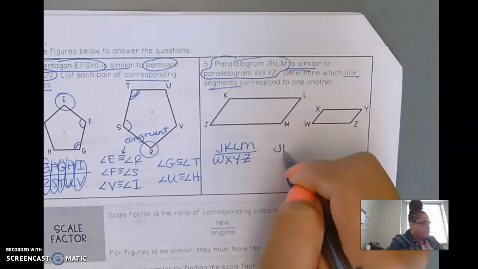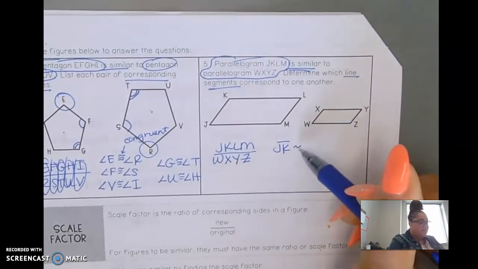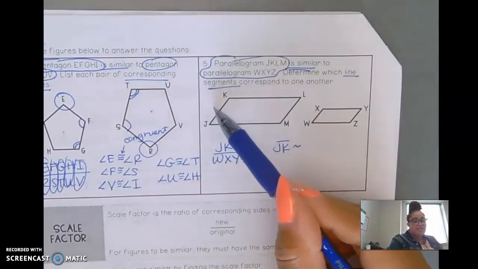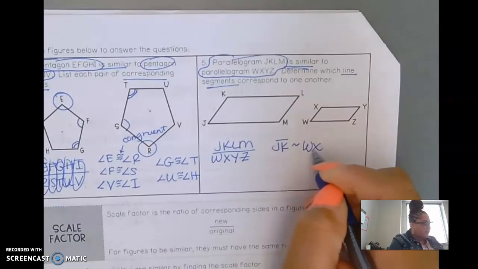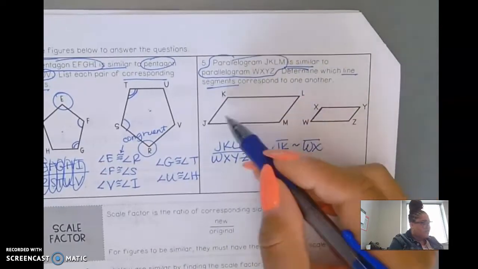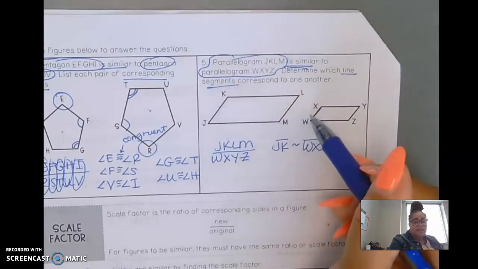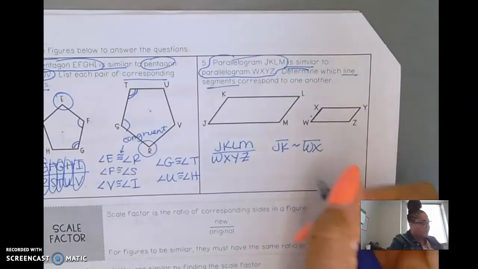So line segment JK is similar to, now this symbol means similar, this one means congruent. I'm saying similar because side JK is not the same size as WX. Okay, WX is obviously shorter. They're similar because they're in the same place and location on the two corresponding shapes.